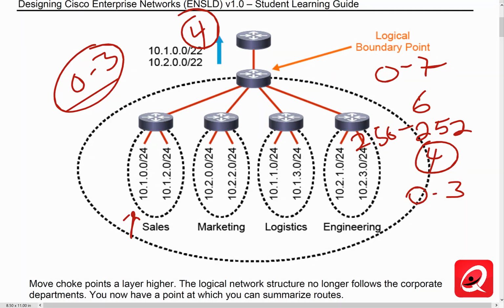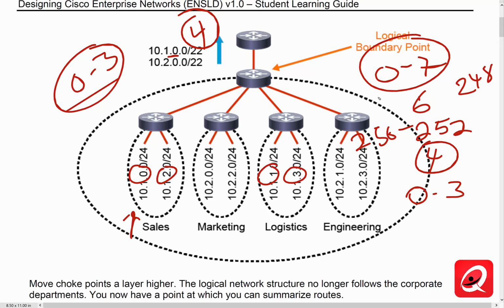That's a block of 4. So that's only going to cover 0 through 3 because we're starting at 0. Same thing with the 2.0 subnet. So we need a 248 because we want to cover 0 through 7 because we have 0, 1, 2, and 3. Ah, there we go. I don't know why I was thinking 4 was included in that.